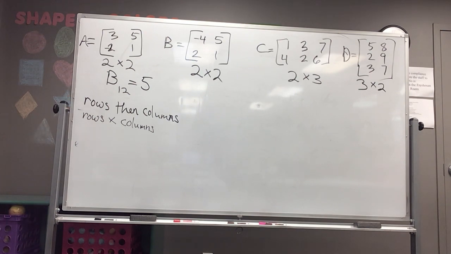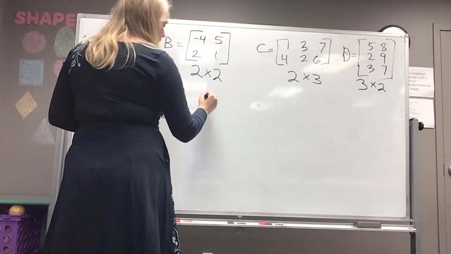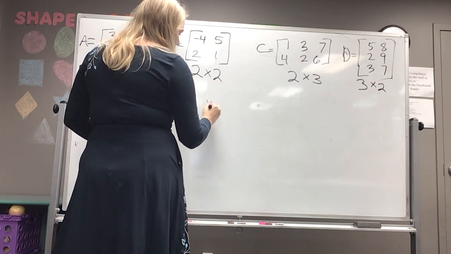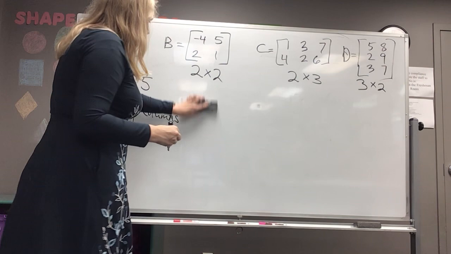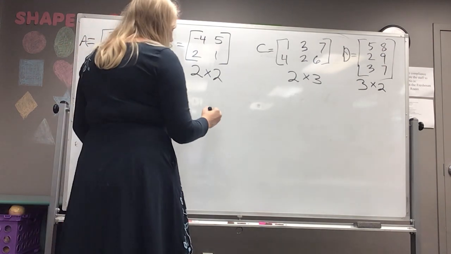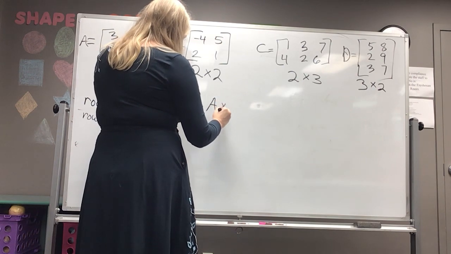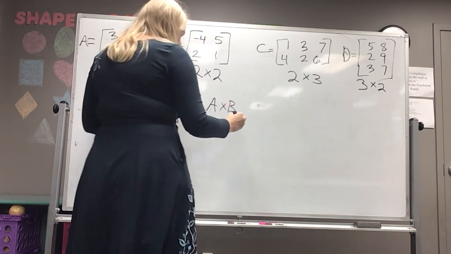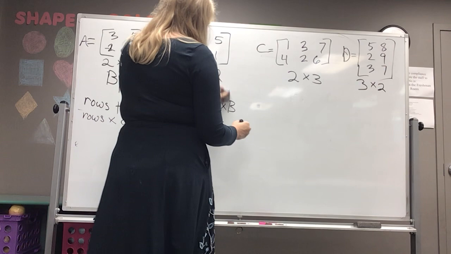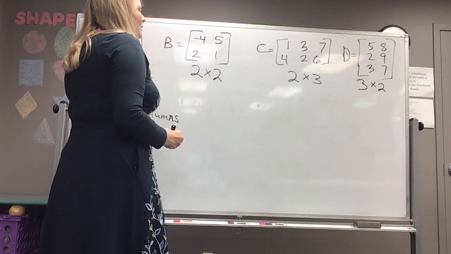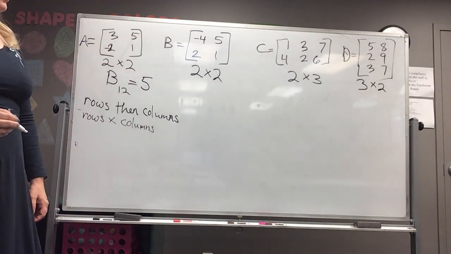And in order to multiply matrices, I'm going to say A times B, and not x. X is a bad situation because we use the x there. I'm having trouble writing this. We're just going to have to do an example.